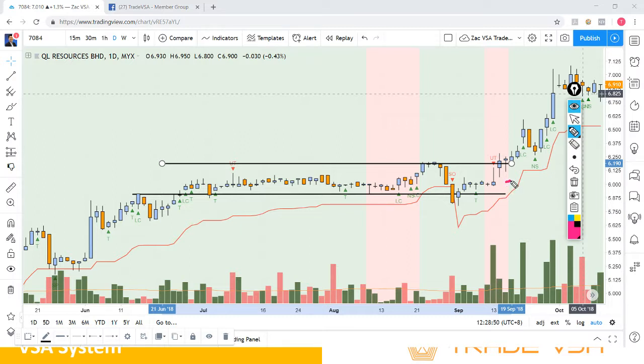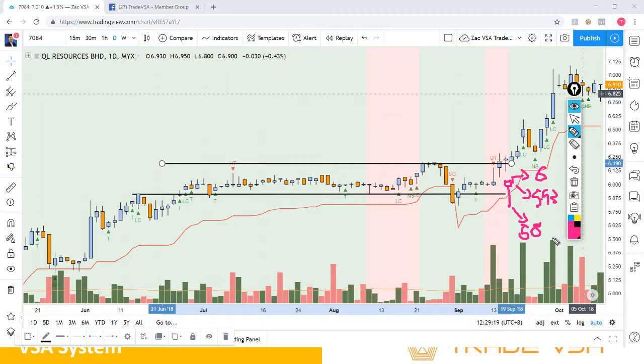If you combine these two bars together, you will form a spring bar. The opening will be 6 ringgit, closing will be 5.93, and the low will be 5.8. So hopefully you can follow me.